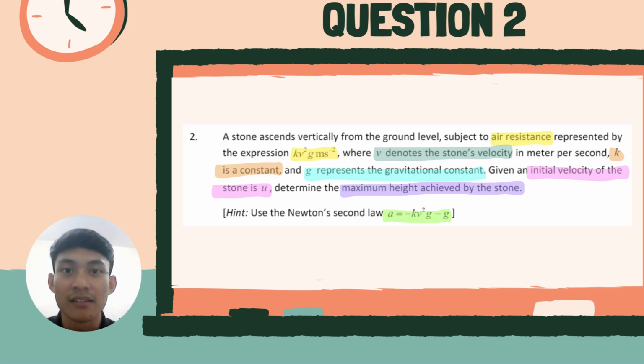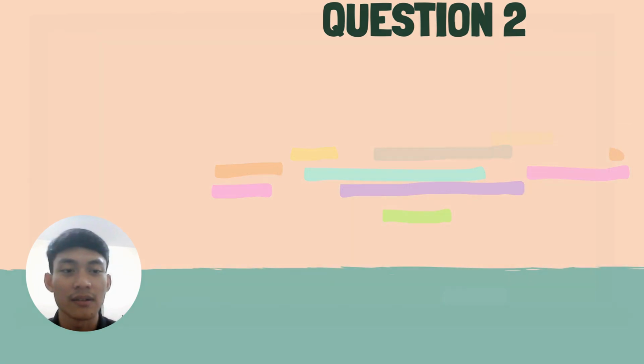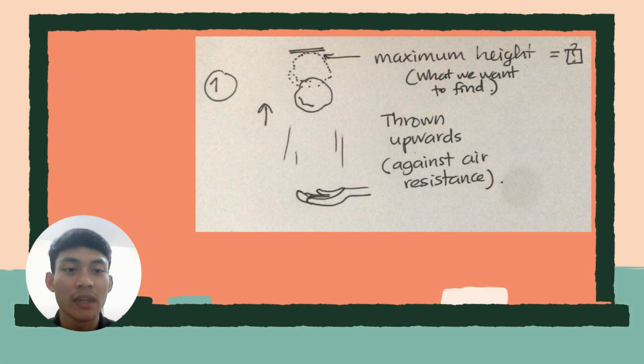And in this kind of question, we are going to use Newton's second law, which is given by a equals negative kv²g minus g. So let's see what's actually happening in this situation.